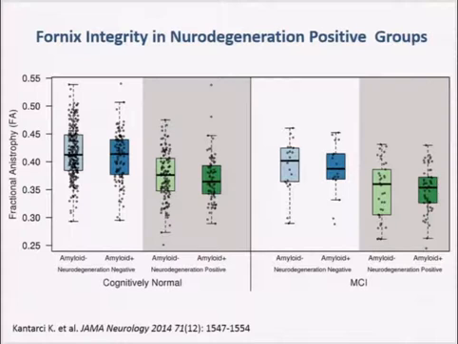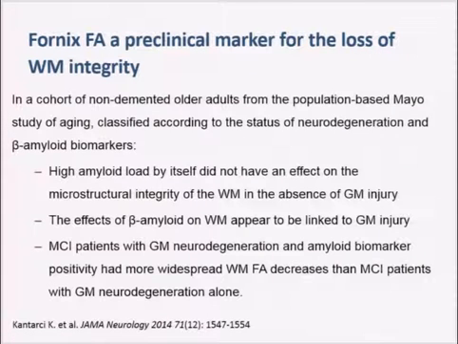So in the neurodegeneration negative normals, you can see amyloid positivity is not causing a decrease in fractional anisotropy when there's no gray matter neurodegeneration. So in this investigation of the fornix, we can say that high amyloid load by itself did not have an effect on microstructural integrity of white matter in the absence of gray matter injury.